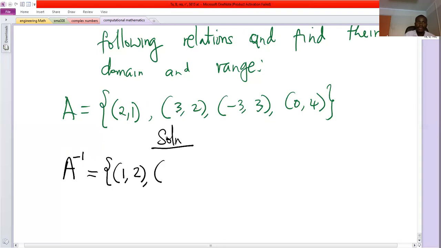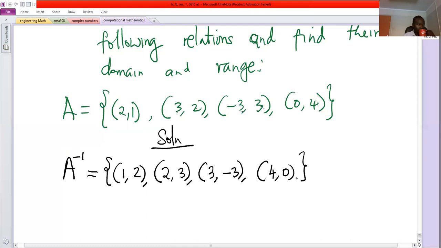This is (3, 2), so the element becomes (2, 3). This is (-3, 3), so the element becomes (3, -3). This one is (0, 4), so the element becomes (4, 0). So that is the inverse.